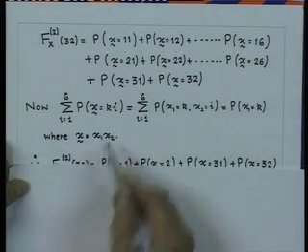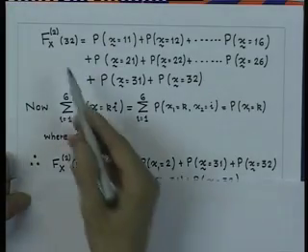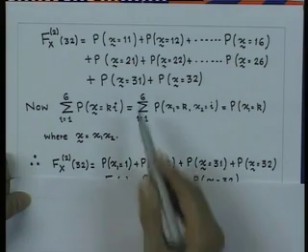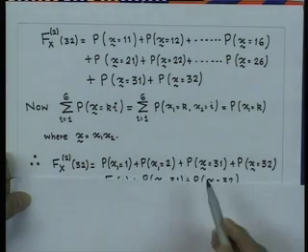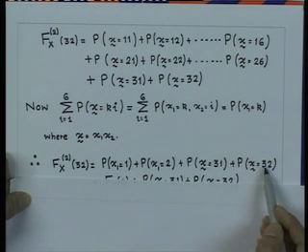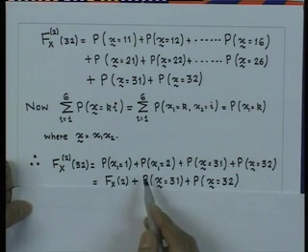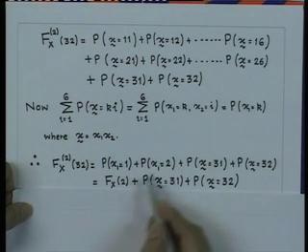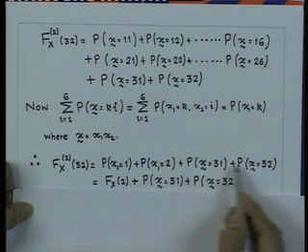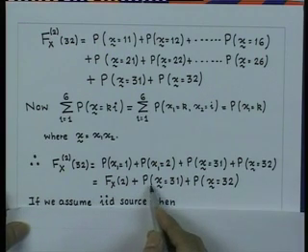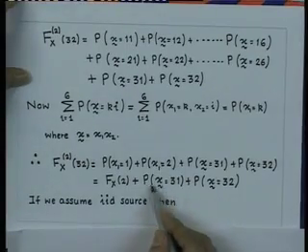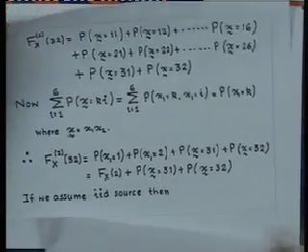Using this relationship, we calculate Fx2(3, 2) as the probability of x1 equal to 1, plus the probability of x1 equal to 2, plus the probability of sequence 3 1, plus the probability of sequence 3 2. Now this by definition is a cumulative distribution function for 2, and this we have written here. If we assume an IID source, then we can calculate the probability of the sequences 3 1 and 3 2 as follows.